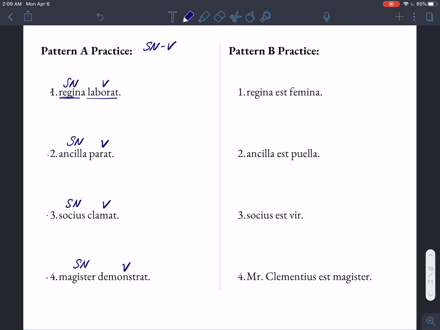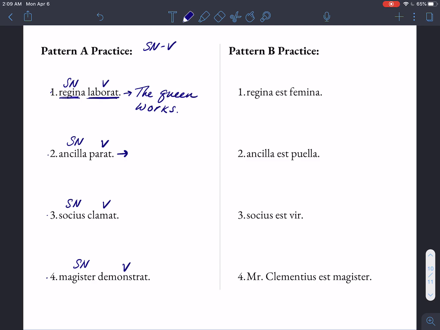Understood. Okay, so let's translate these. Regina laborat. All right, and that means the queen works. Number 2. Please repeat the Latin after me. Ancilla parat.